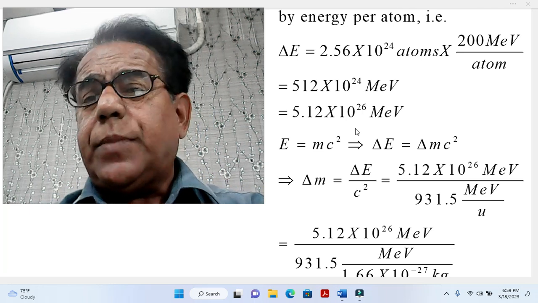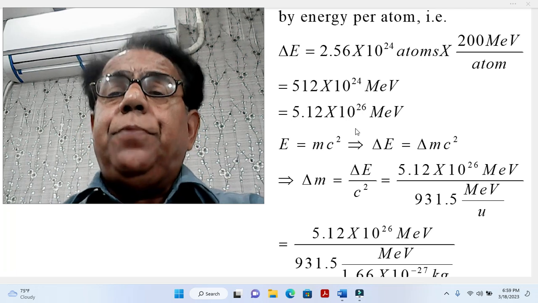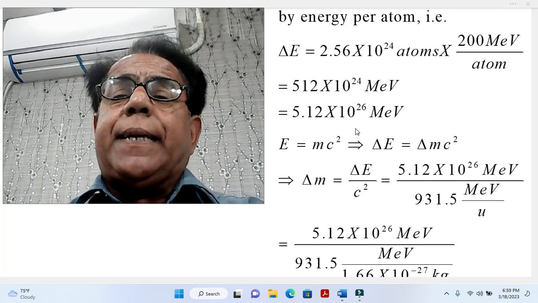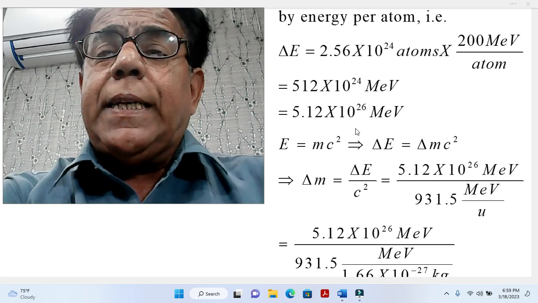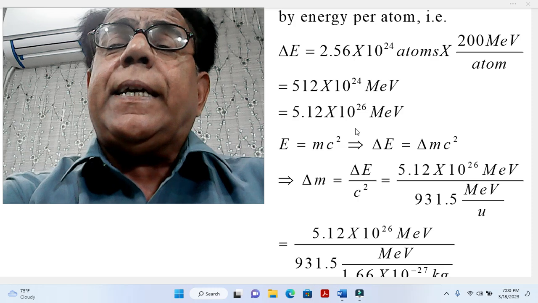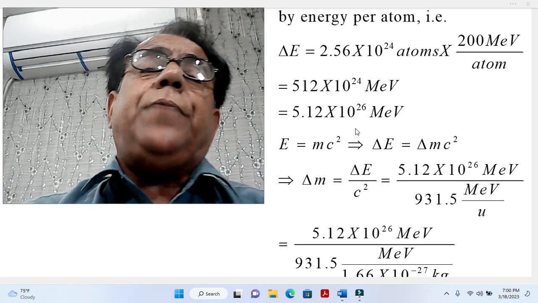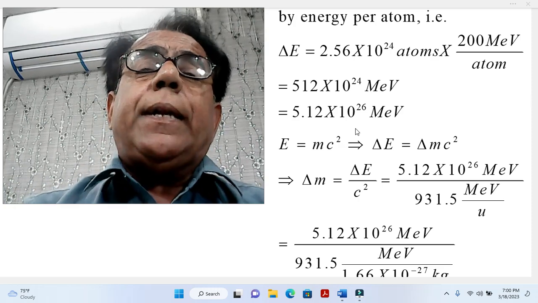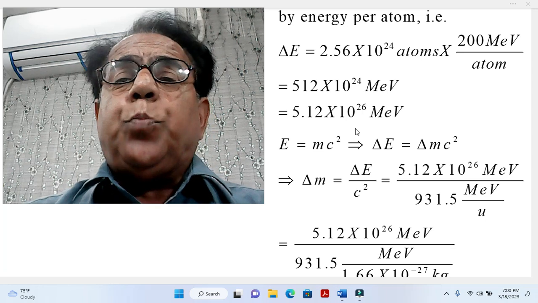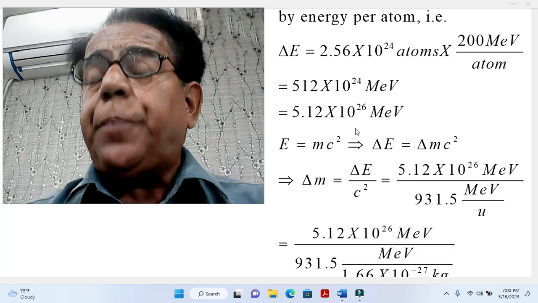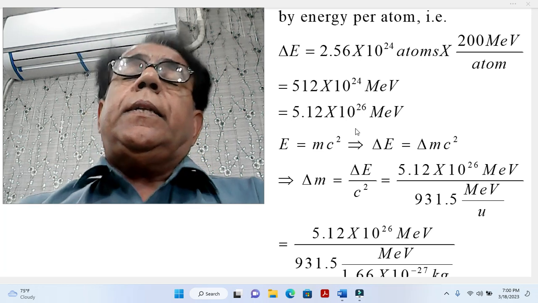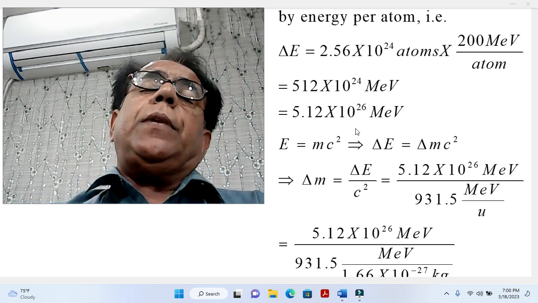In the next step, we will put the values of delta E and c square, and here one thing becomes clear: in place of c square we have not used the value 2.998 into 10 to power 8 meter per second, or 3.0 into 10 raised to the power 8 meter per second.